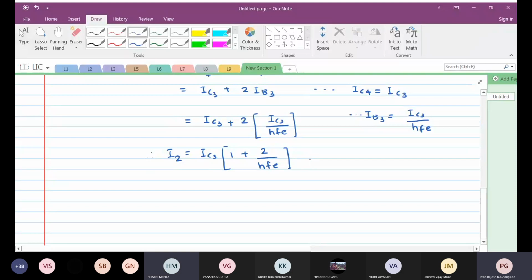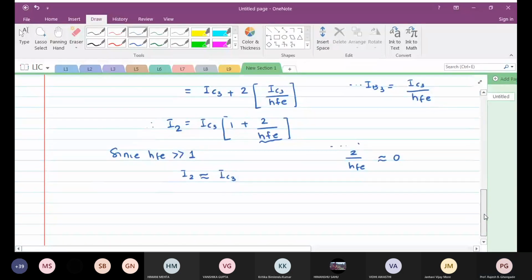Now we already know that HFE is in excess of, let us say, 100. So since HFE is far greater than 1, or even 2 for that matter, we can say that 2 by HFE is nearly equal to 0.